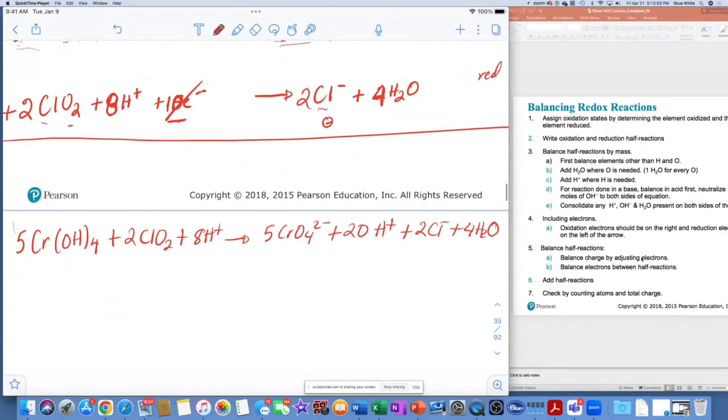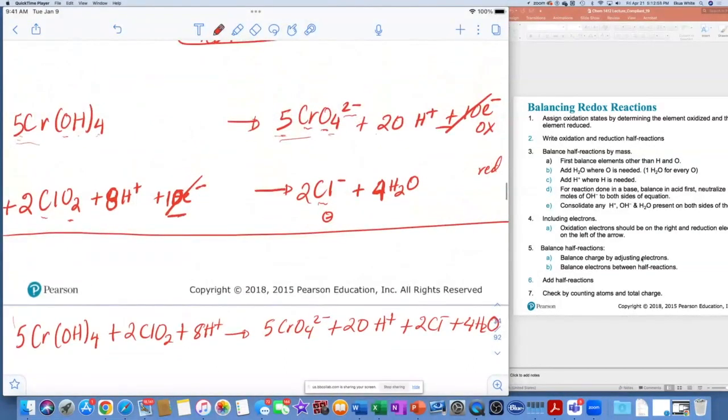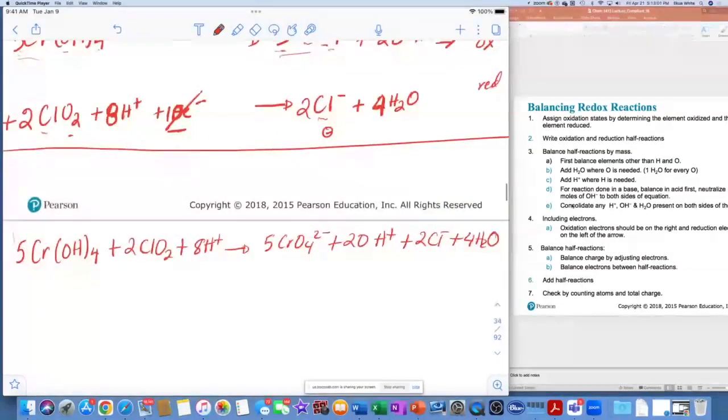So once I have this, let's see. Oh, I need to consolidate my H pluses. Because here I have some H pluses on the left and on the right, right? Correct? I have some here and I have some here. It would actually give me less to write. So let me go ahead and do that. I'll subtract this lesser part on both sides. So minus 8 H plus here.